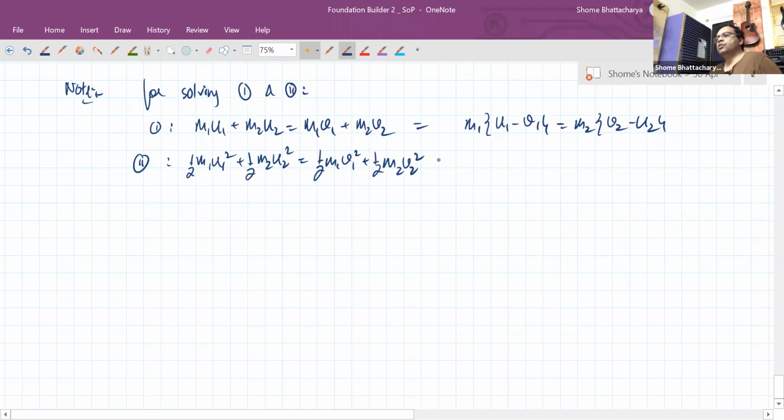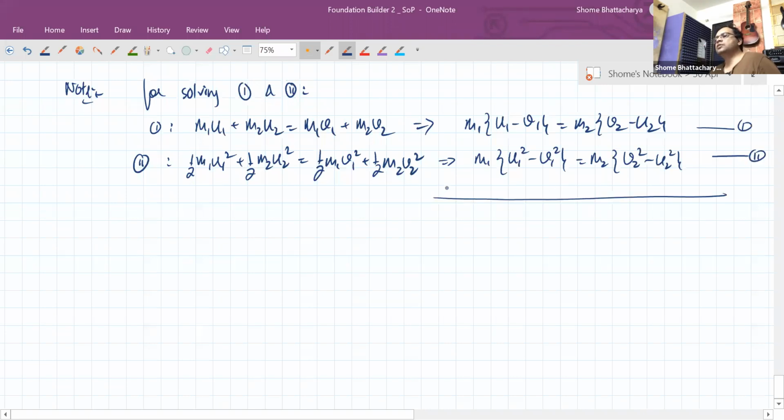Now, in this, we can first of all cancel the halves on both the sides and again use that same trick of taking m1 on one side. So we have u1 square minus v1 square, and taking m2 on the other side, we have v2 square minus u2 square. With this new form of equations 1 and 2, we can divide them.